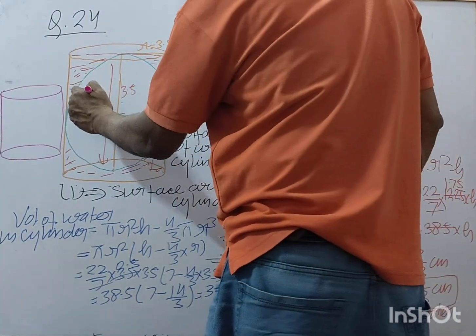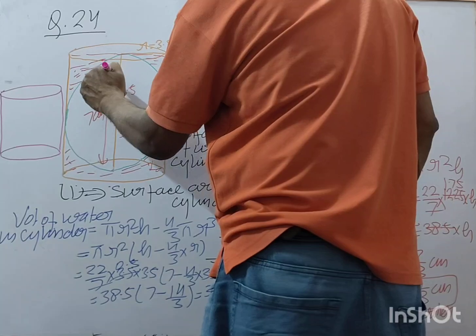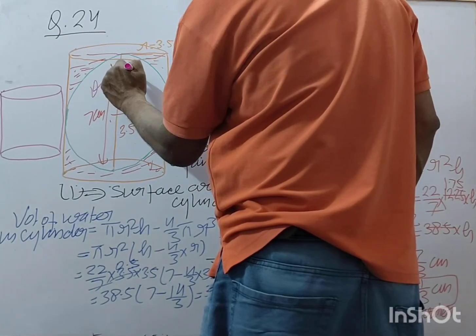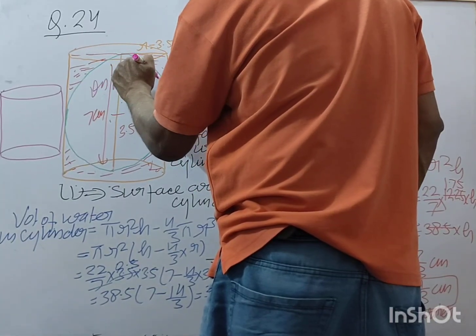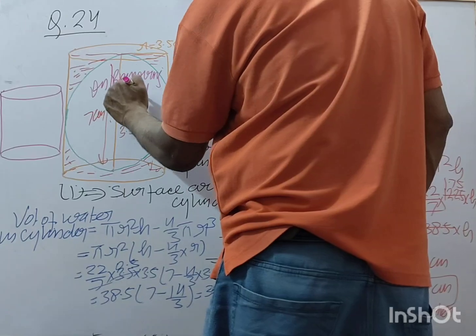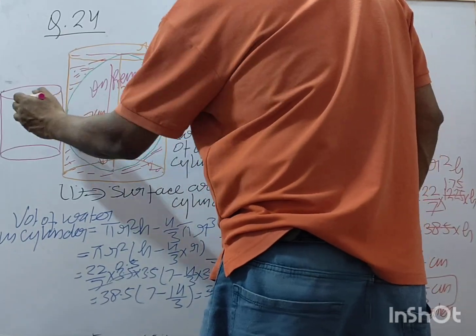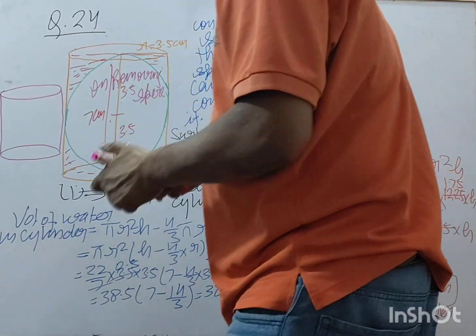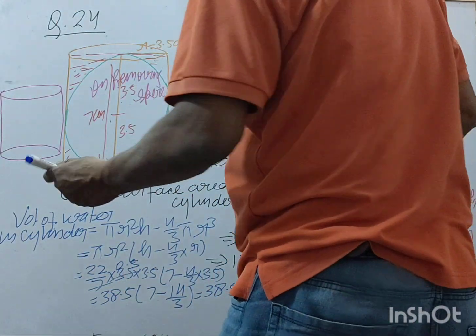So on removing the sphere, the water level comes here.